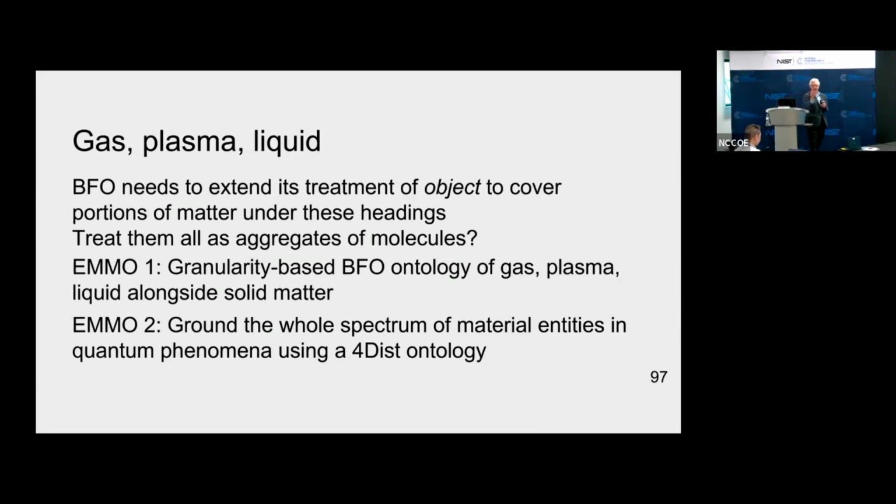We have objects, but when we're dealing with liquid, portions of liquid, or with portions of gas, or with portions of plasma, none of those are going to be objects, at least not at ordinary room temperature. So BFO needs to be extended with terms which will cover portions of material which are not objects.